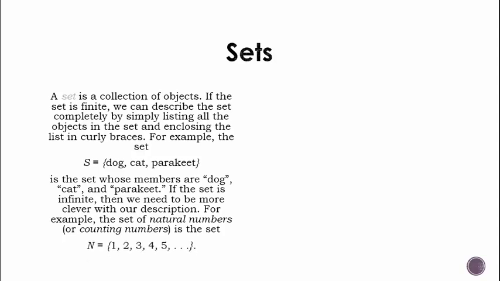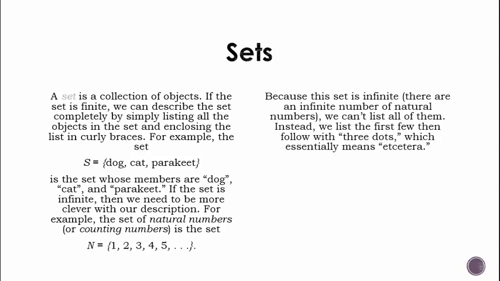This set is N equals {1, 2, 3, 4, 5, ...}. Because there are an infinite number of natural numbers, we obviously can't list all of them, so we list a few: 1, 2, 3, 4, and 5, and then we added those 3 dots. Those 3 dots essentially mean etc., or so on, or to be continued, or but wait, there's more.